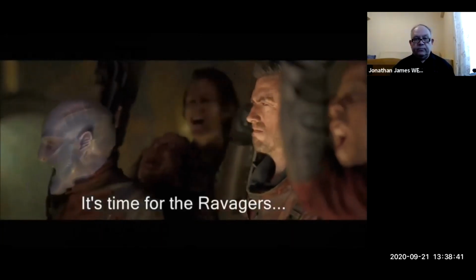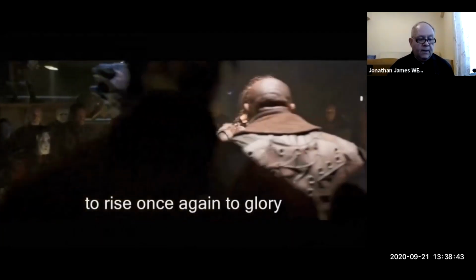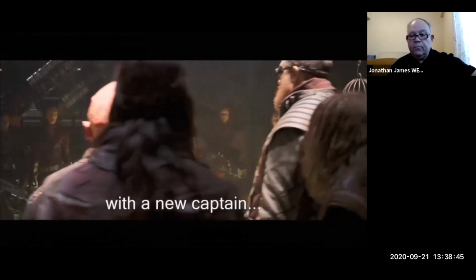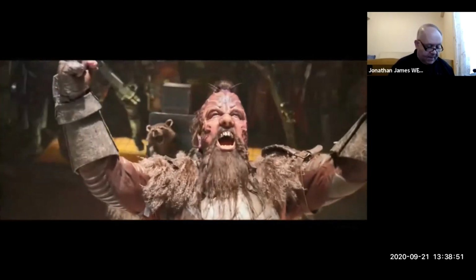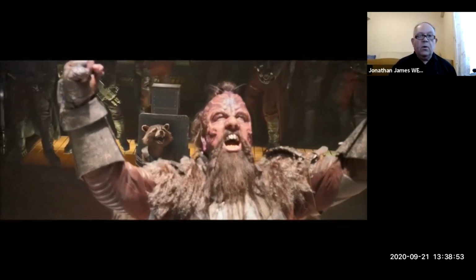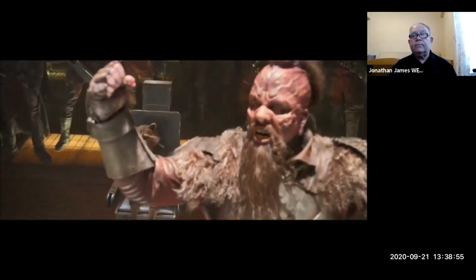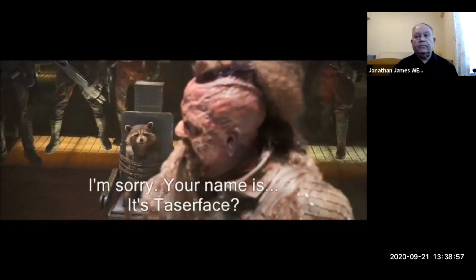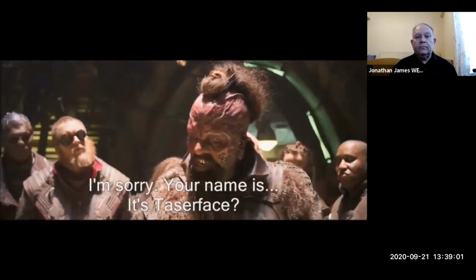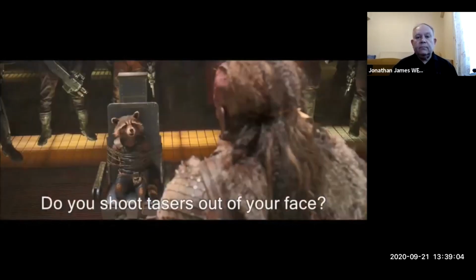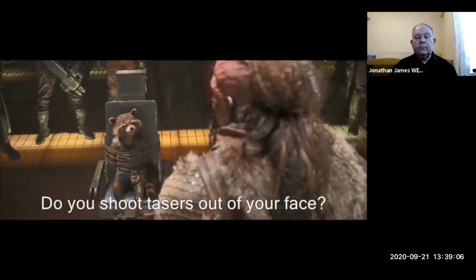It's time for the Ravagers to rise once again to glory with a new captain, Taserface! I'm sorry. Your name is... It's Taserface? That's right. Do you shoot tasers out of your face?